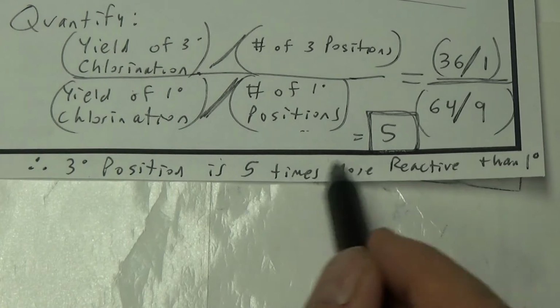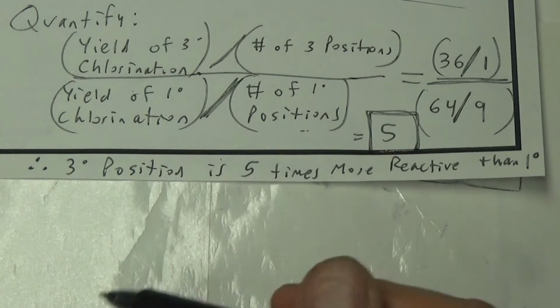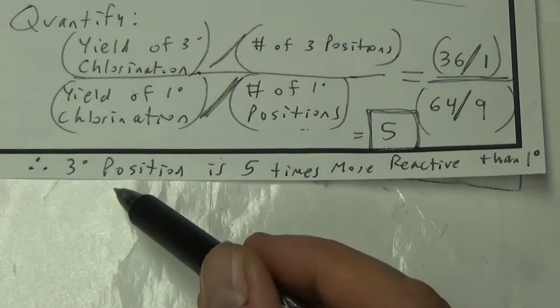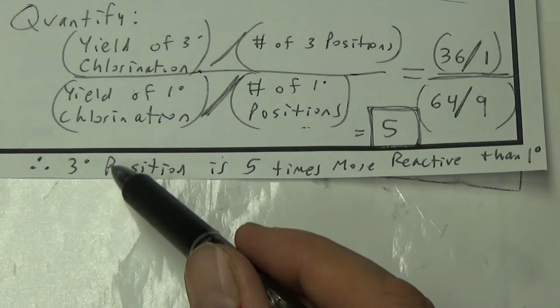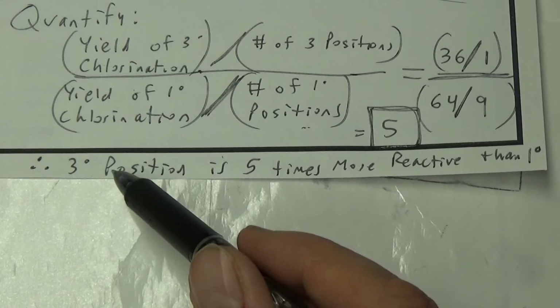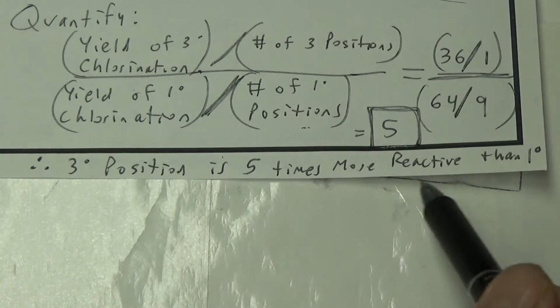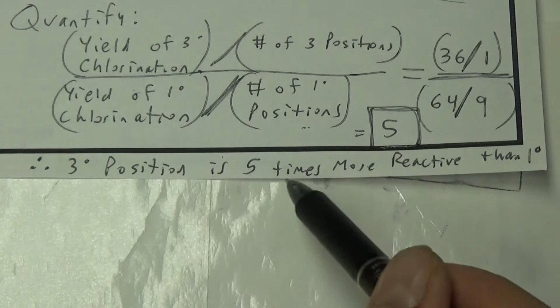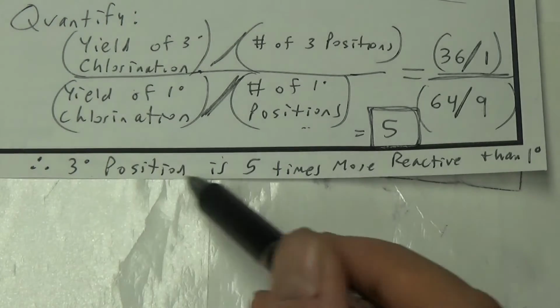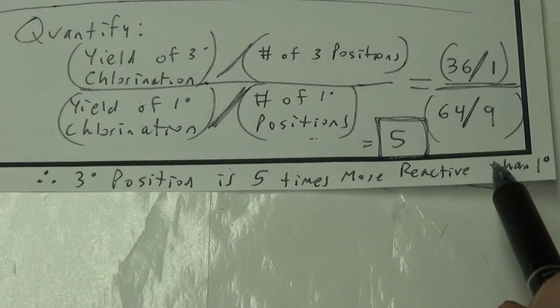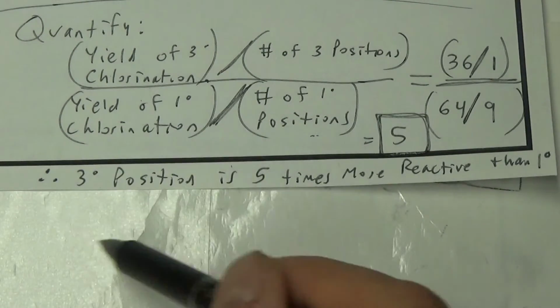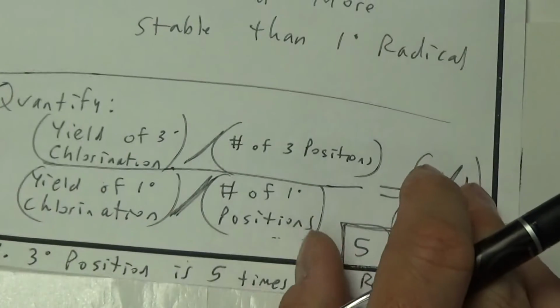So we did primary, secondary, and tertiary. Secondary positions are 4 times. Tertiary positions are 5 times. It's just a little more reactive, and why is it more reactive? Something about the radical stability. Tertiary radicals are a little more stable, right?